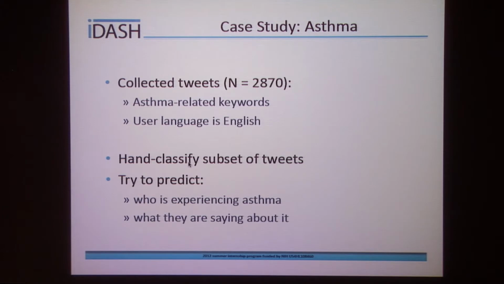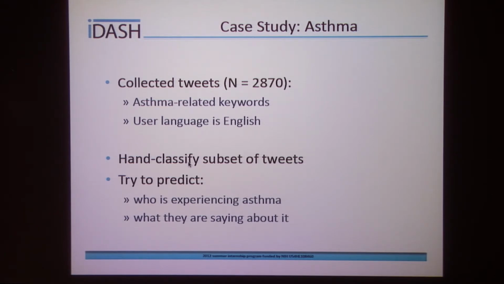We've collected a few thousand of them at this point, using keyword searches keyed on search terms like asthma, common misspellings of that word, as well as medical technologies related to that, so things like inhaler, the brand name albuterol. And importantly, we've been focused only on those Twitter users who report their language as being English.